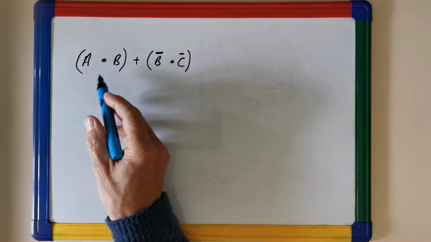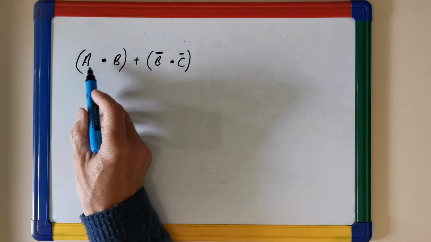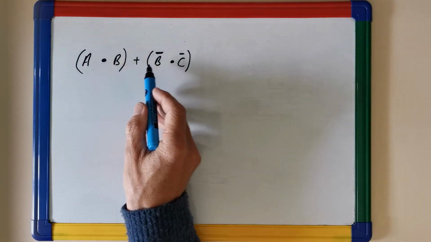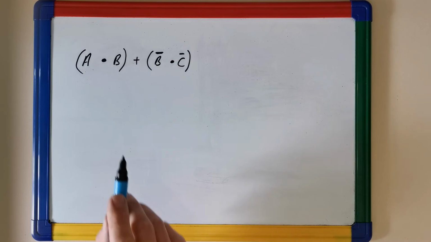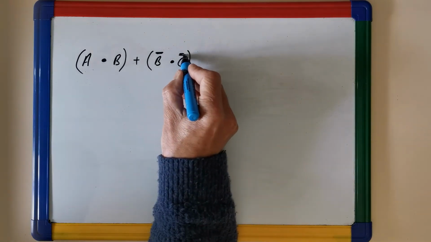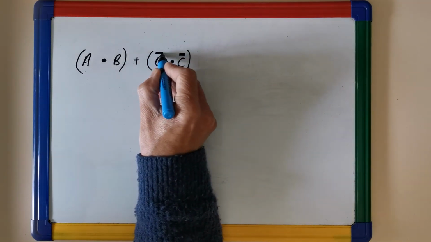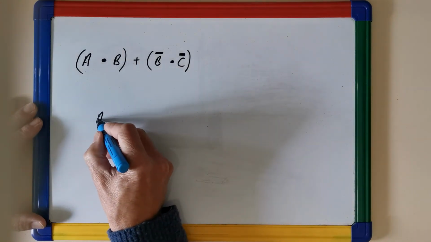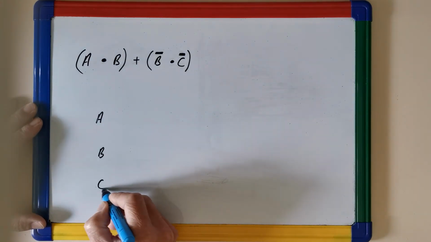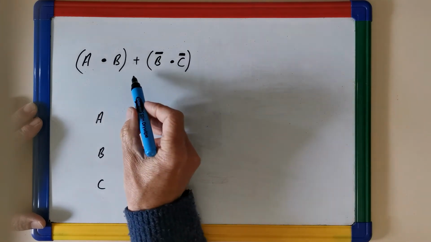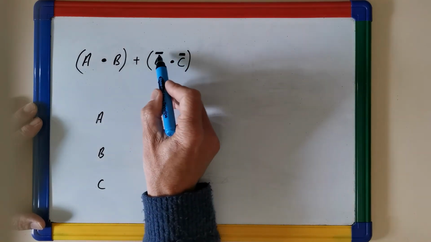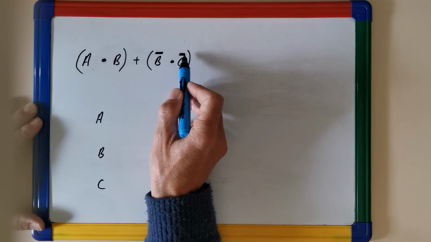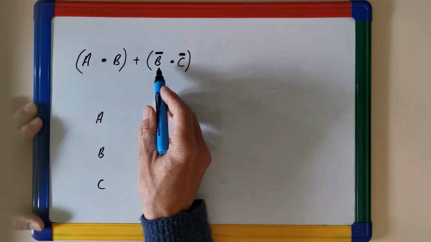It's a good idea to practice how you would say this: A and B, or not B and not C. So remember, the little bar above means not. To draw the circuit, again, we've only 3 variables, A, B, C. Because we've got these inverters here, it's a good idea to put those on first.